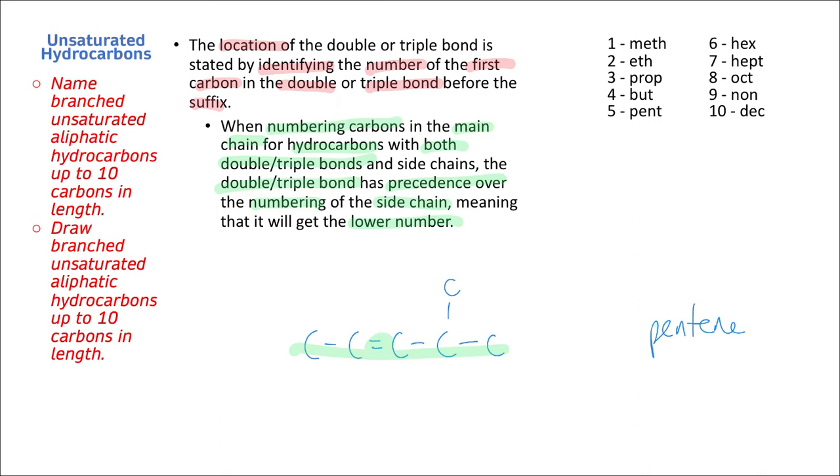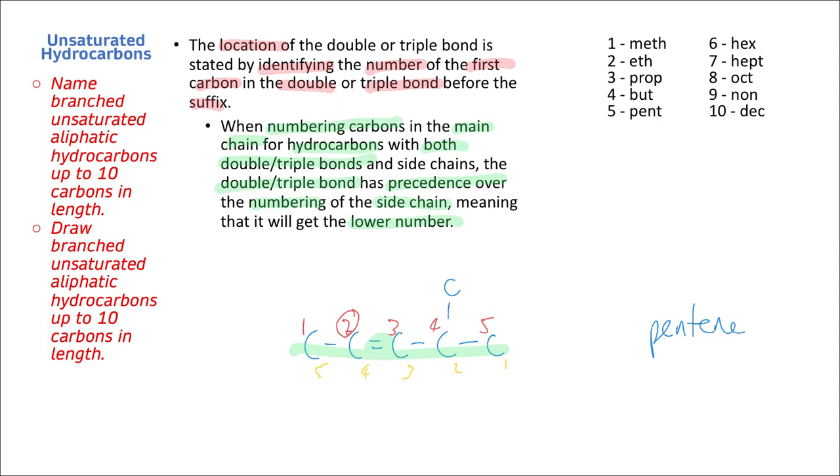When I look at the two possible ways of numbering, I can go 1, 2, 3, 4, 5 from the left, or 1, 2, 3, 4, 5 from the right. If I use the red numbering system, I use the first carbon that is part of the double bond, which is that one there.